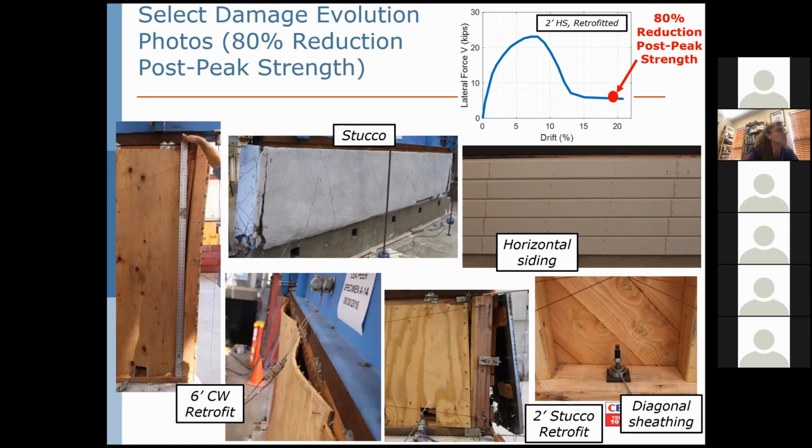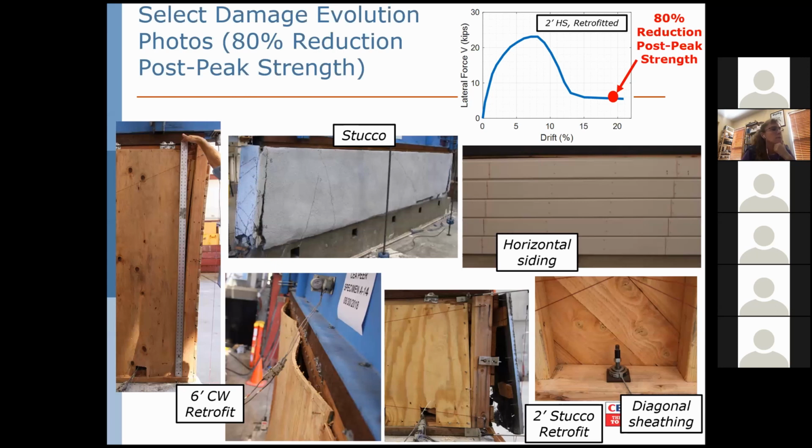And here's a series of photographs articulating almost the final state of damage to the stucco finished specimen in the middle here, the 6-foot cripple wall with a retrofit, the Gordian style, and full tearing of all but about 20% of the nailing at the top sill in this elevation and isometric view to the left and lower left.